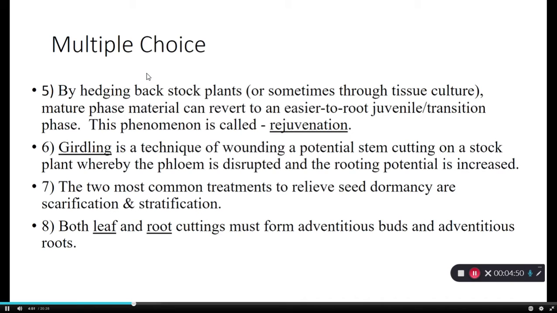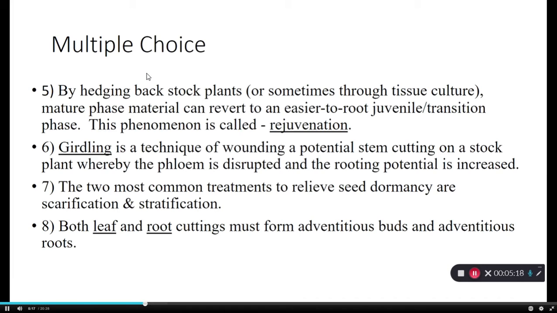So again, thinking about the physiological age of a plant, a more mature stock plant, rooting percentages go down. In other words, the cuttings that are taken from those older, more mature plants don't root as easily. We can rejuvenate that plant by returning it to this more juvenile state of growth.